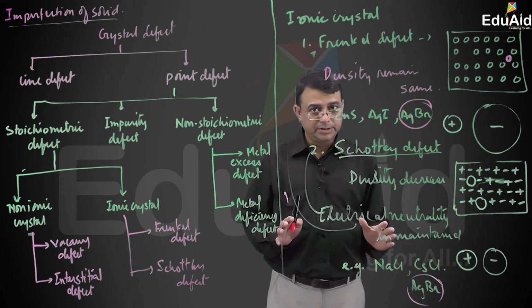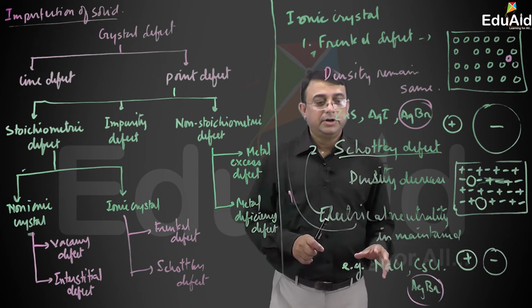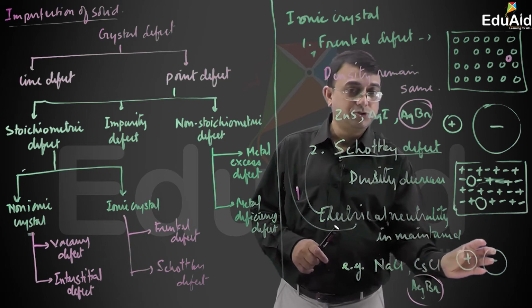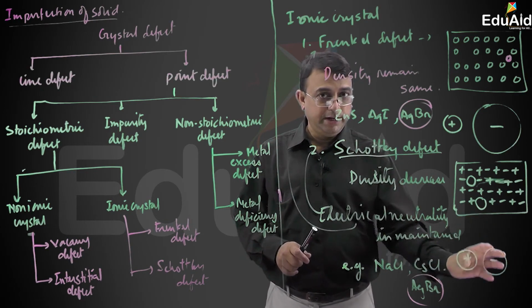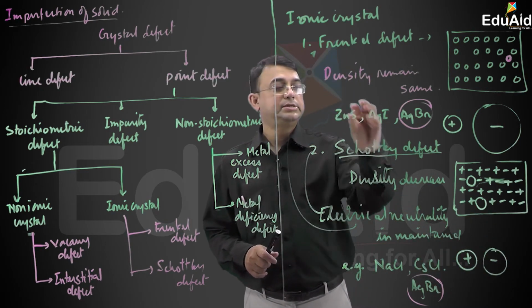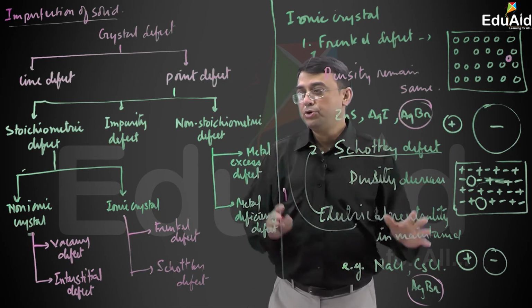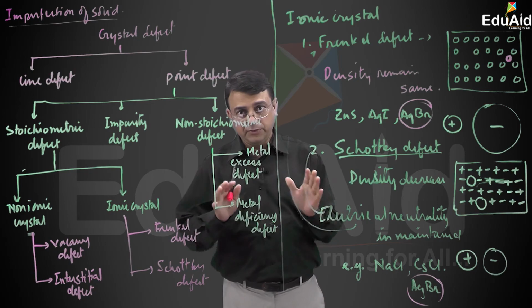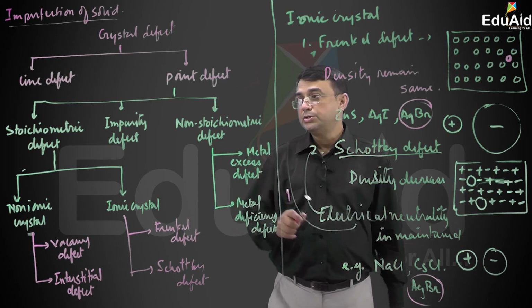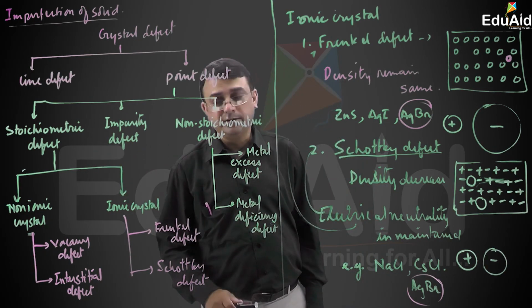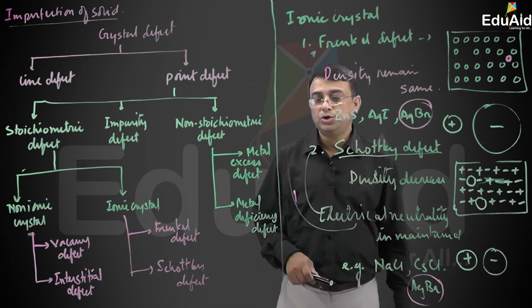That is the basic difference. All right. In Schottky defect the size difference between cation and anion is generally small, and in Frenkel defect the size difference between cation and anion is very large. So in all these stoichiometric defects that we have seen, the stoichiometry is maintained. That is why they are called stoichiometric defects.